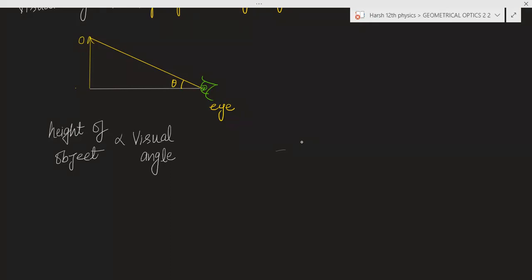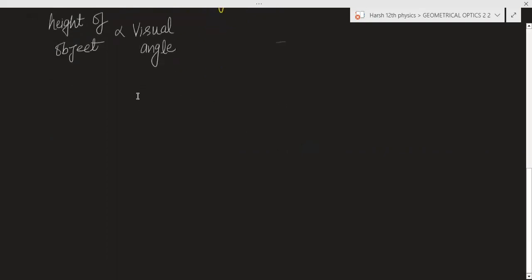Now there is one very important term that we will use again and again: magnification of microscope.